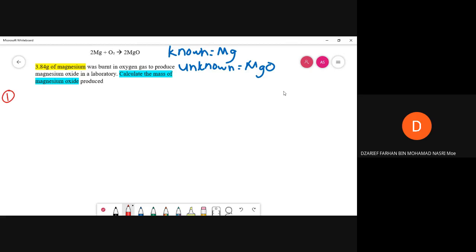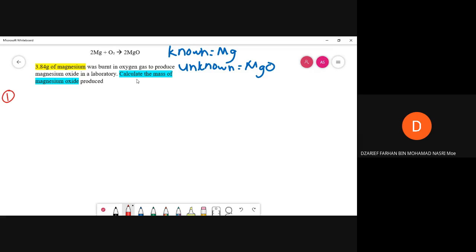The answer is 6.72, teacher. Yes, correct. 6.72. Okay, I will explain how to get 6.72. The question gives us 3.84 gram of magnesium. So we know our known is magnesium, because the question gives us the mass. And then it asks us to find the mass of magnesium oxide produced.